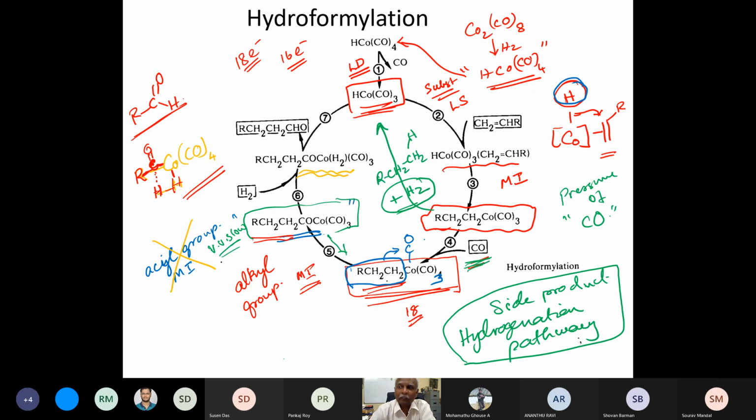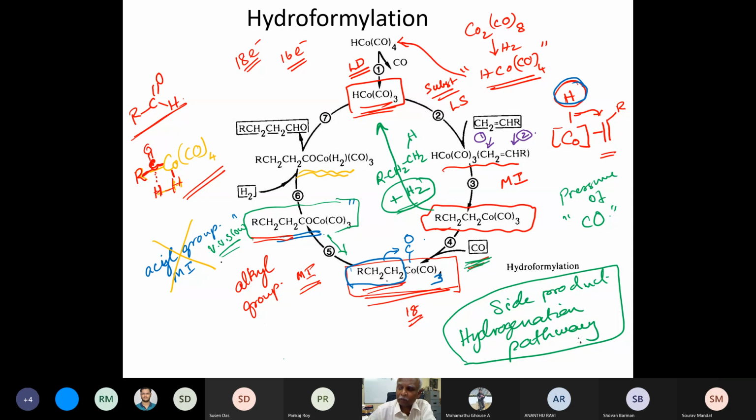Okay, so there are two options here. The option is to migrate it to this carbon or this carbon. I will call it 1 and 2. If the hydrogen migrates to carbon atom number 2, it produces the linear aldehyde, right?